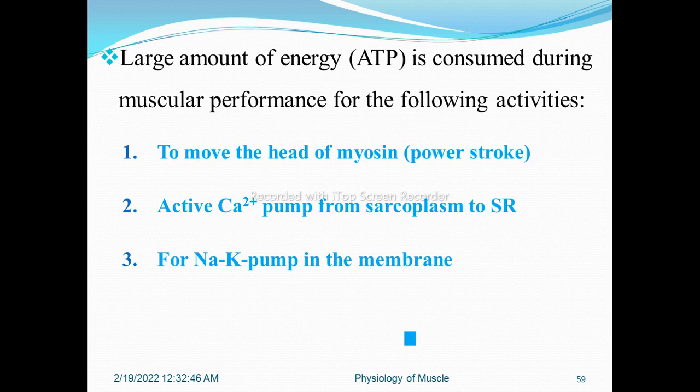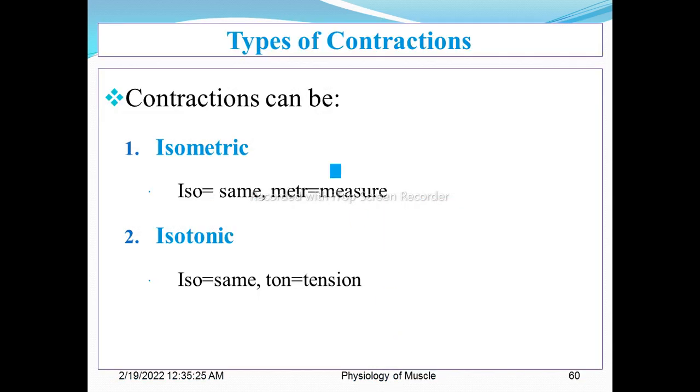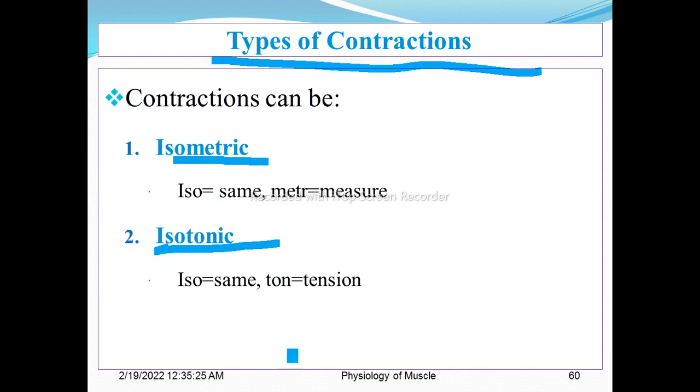Having this concept, now let us see the types of muscle contractions. Contraction can be isometric, the same measurement, or isotonic, the same tension.